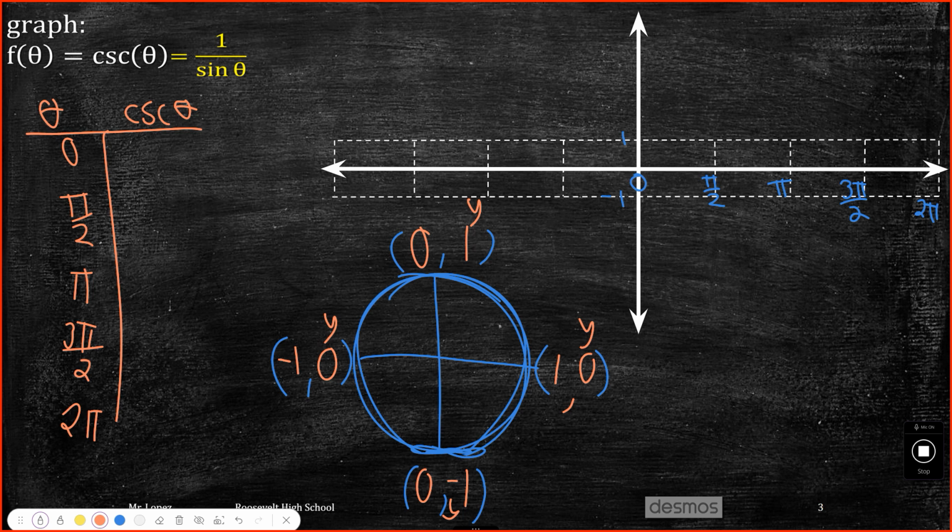Cosecant 0. Giovanni, what's cosecant of 0?